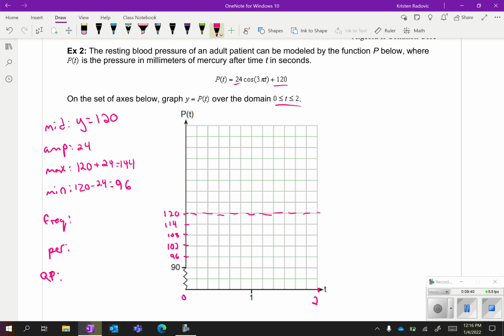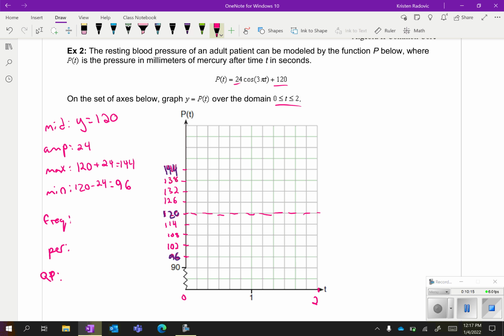I have 126, 132, 138, and this is going to be 144. So the only values we truly care about are 144, 120, and 96 because those are my max, my mids, and my minimums.